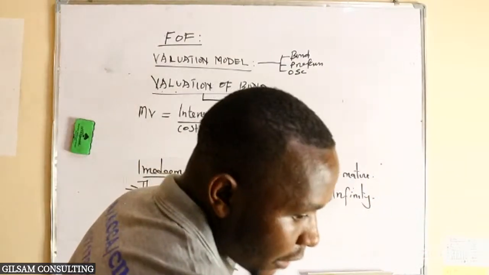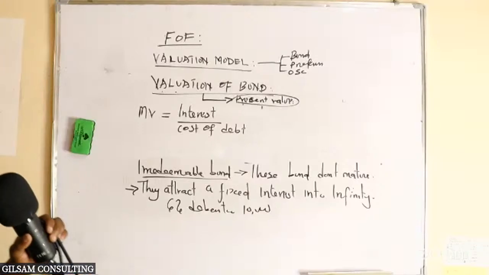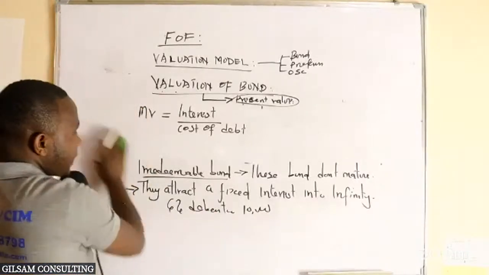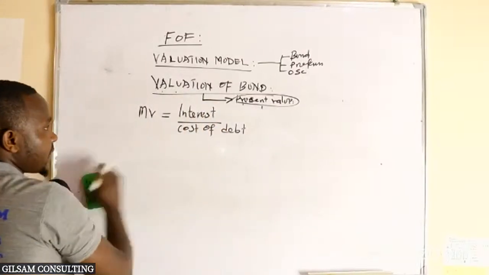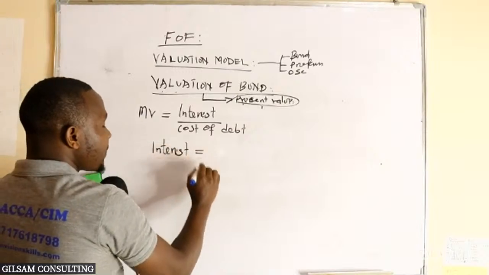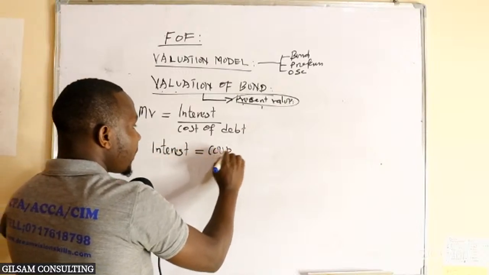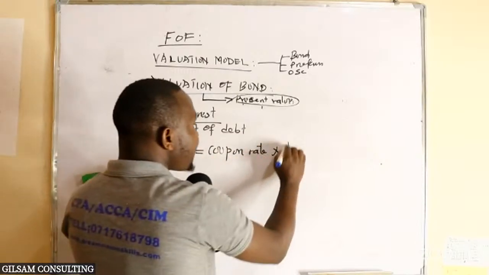Now, how do we get the interest? The interest, you take the coupon rate. The coupon rate ni kama 6% times the par value.